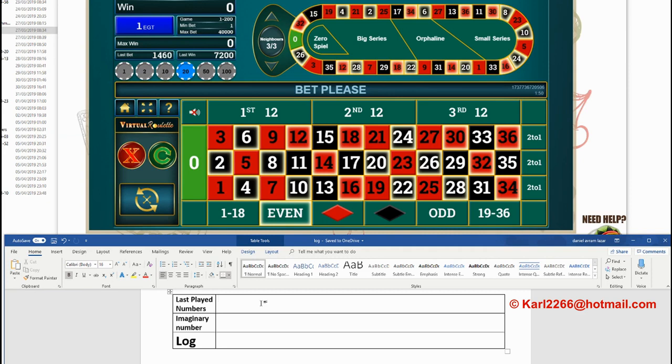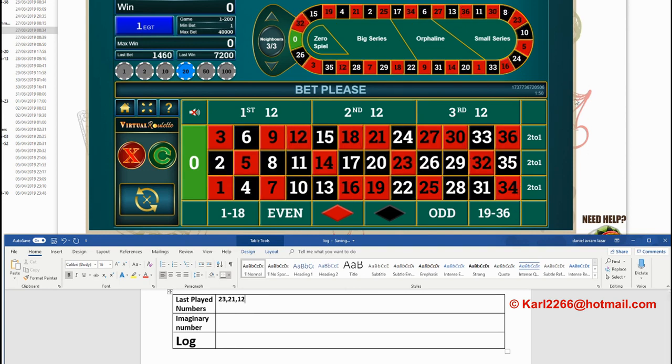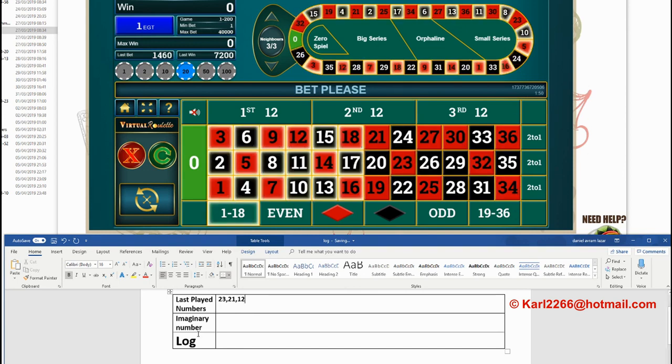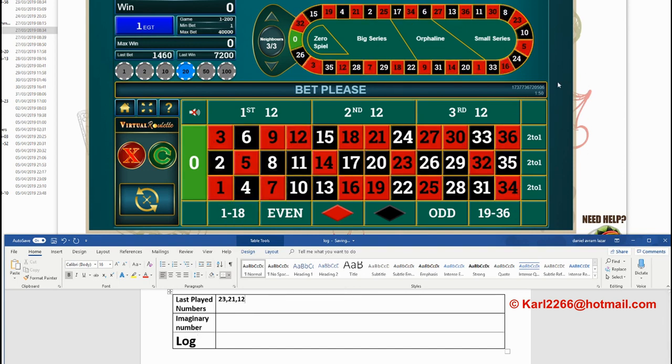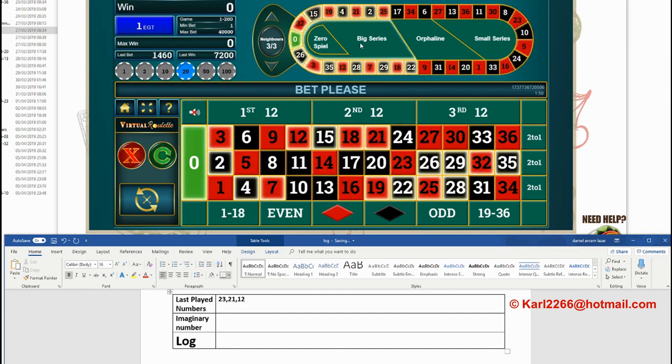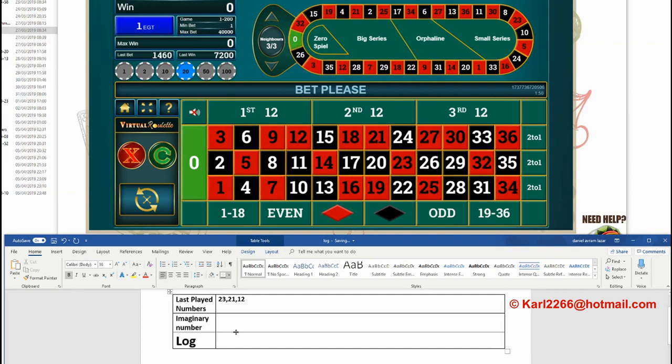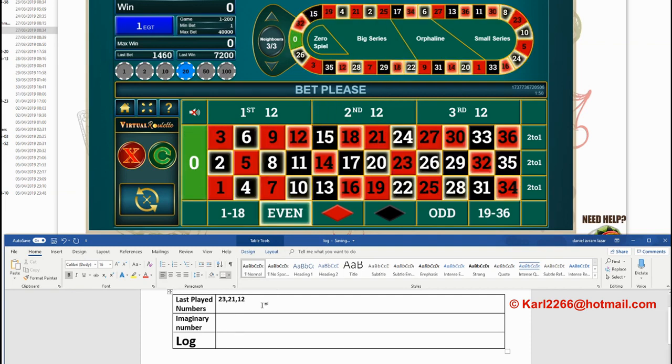We got numbers 23, 21, 12, and we can see it's always the third neighbor from some number, right? 23 is the third neighbor from 24, 21 is the third neighbor from 17, 12 is the third neighbor from 29 or from 26.